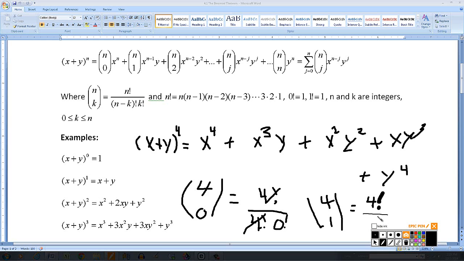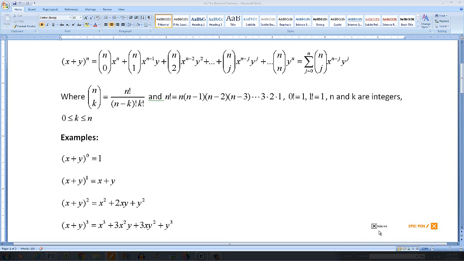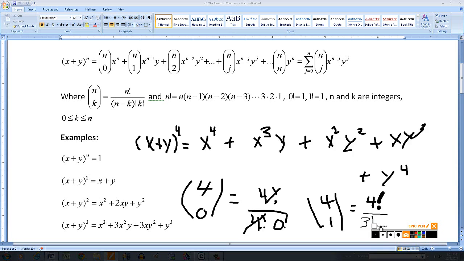So this would be 3 factorial. Okay. And this would be 1 factorial. Okay. So 4 factorial is 24, 3 factorial is 6, 1 factorial is 1, so it'd be 6 into 24 will give us 4. This will be 4. So this coefficient right here would be 4.